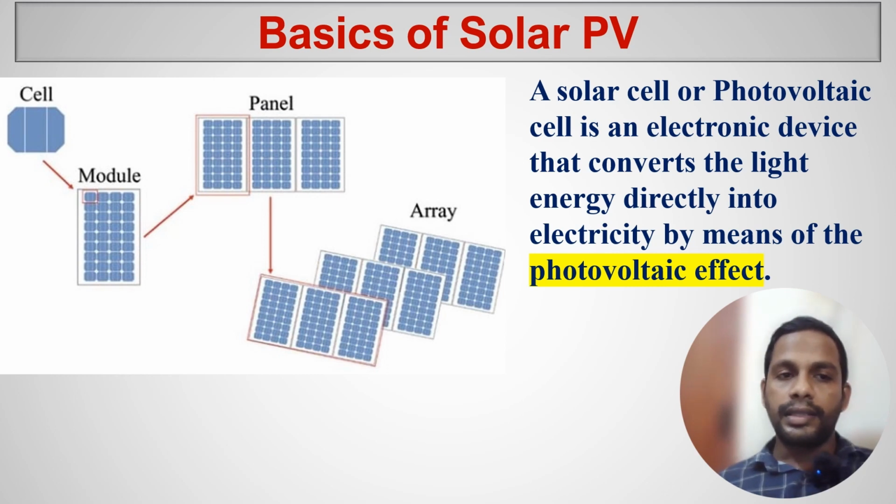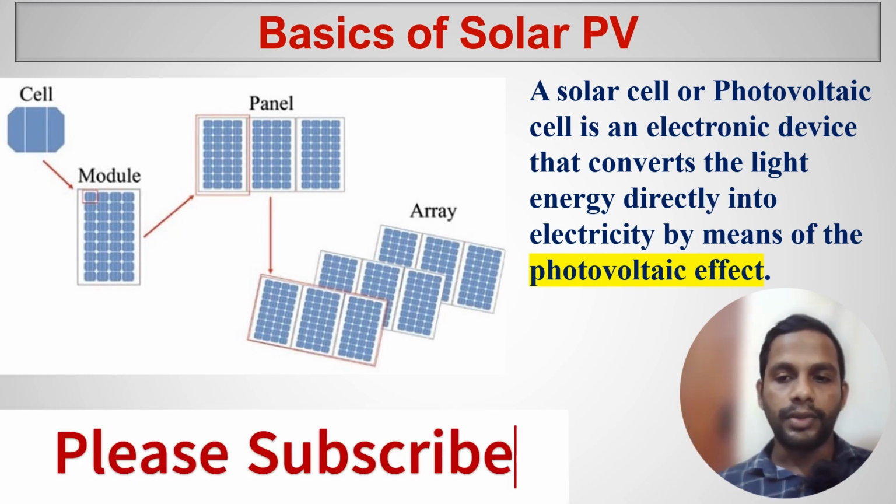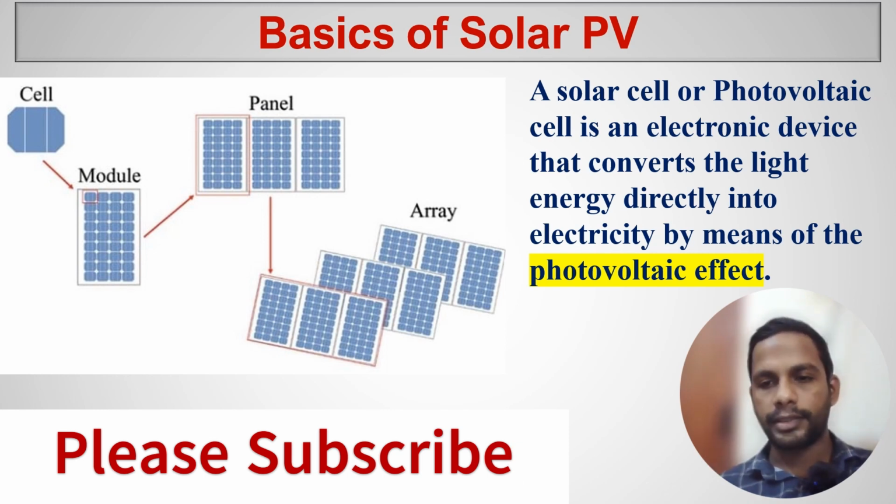So the reason for the module is to make a voltage level, either 12 volts, 20 volts, or different voltage levels, since the cell is a single unit that produces only 0.5 to 0.6 volts. Then look at the panel. If you combine two, three modules or a number of modules, that becomes a panel.